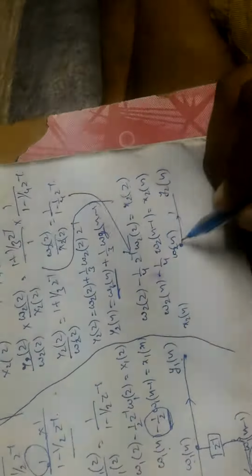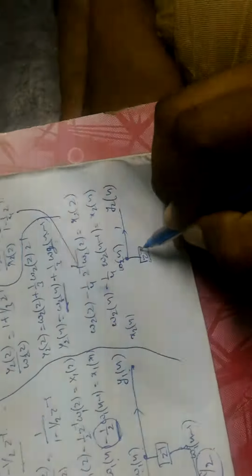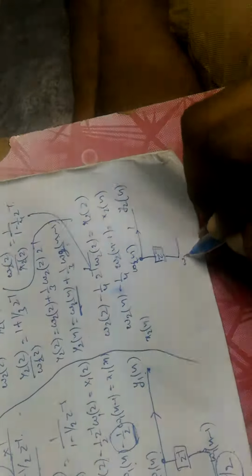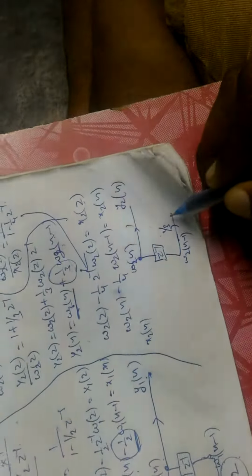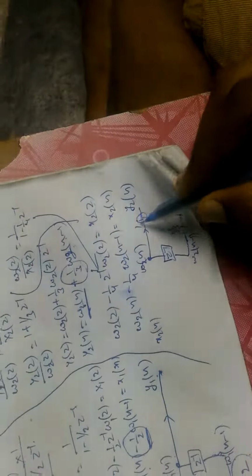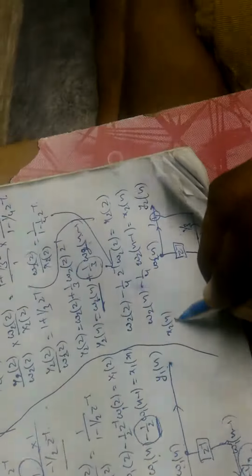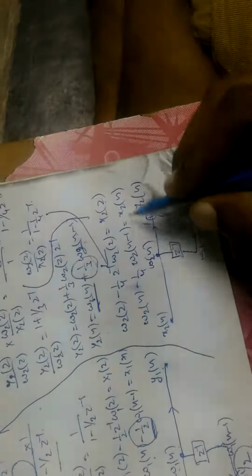The w2(n minus 1) term has multiplication factor 1 by 3. The summation is here: x2(n) and w2(n) directly with factor 1, and w2(n minus 1) with factor 1 by 4 is here.